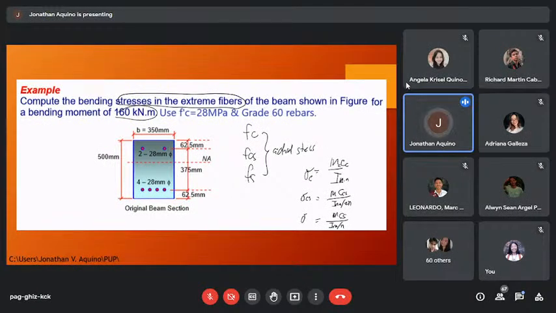Okay, so any question for double reinforced rectangular beam?